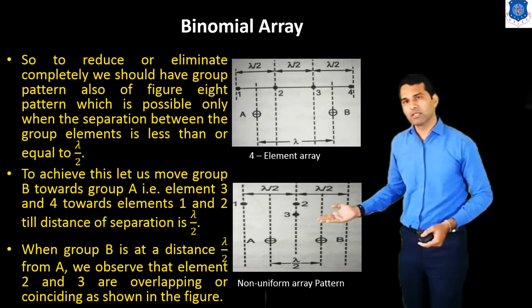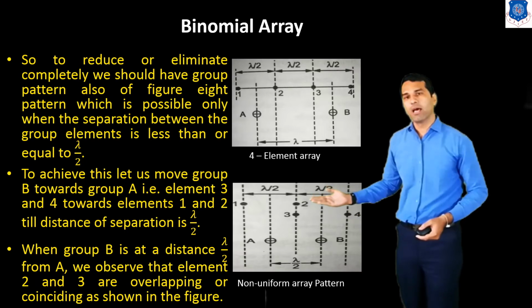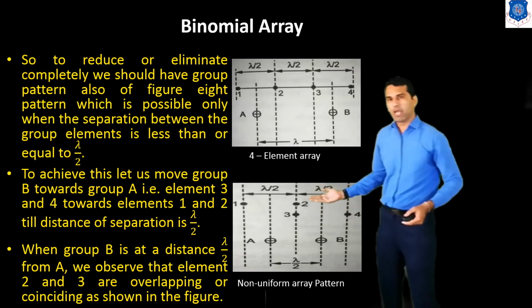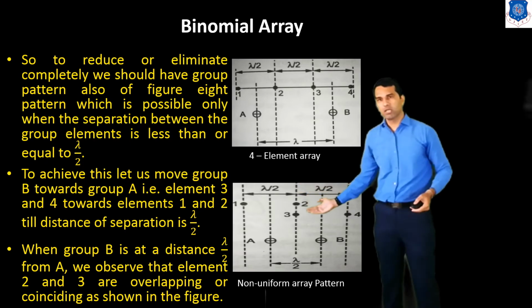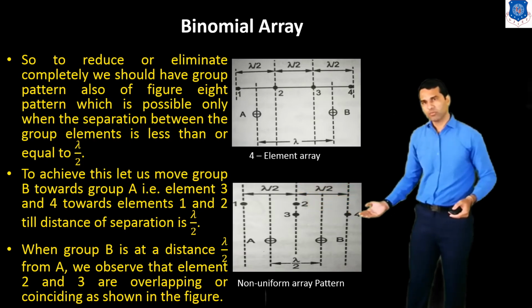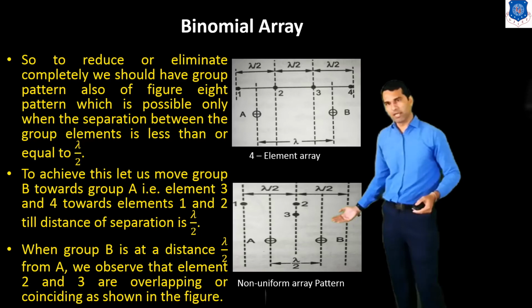So we can see the two elements 2 and 3 are overlapped here, and this is the opposite side element 1, this is 2 and 3, and this is 4, and these two groups A and B have become lambda by 2 distance apart.